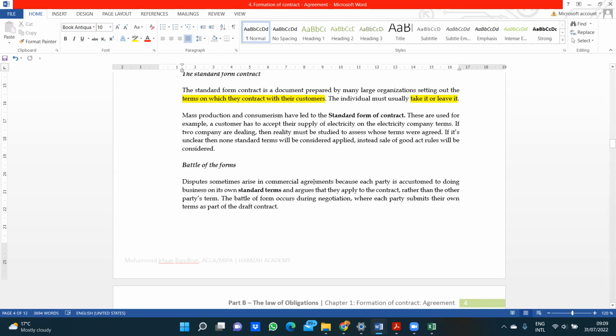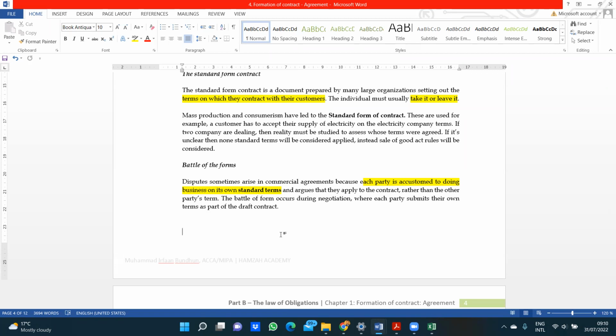Again, this is because each party is accustomed to doing business on its own standard terms. An example: the supplier tells the customer that payment has to be made within 1 month. But the customer has, for example, some cash flow planning, and says, no, I can't pay in 1 month, I pay in, for example, 1.5 months.